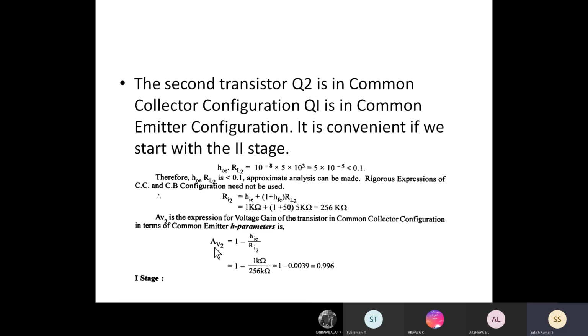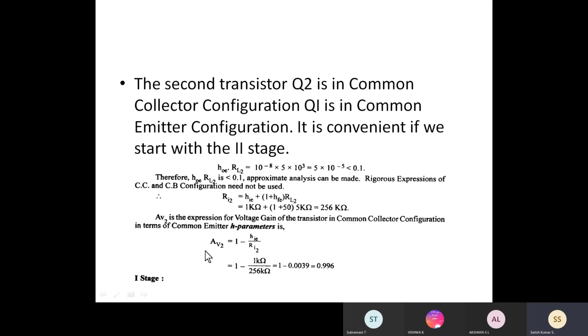So another way to calculate the voltage gain is 1 minus internal impedance Hi divided by internal resistance Ri2 of the second transistor. We don't know Ri2, so we calculate it first. Ri2 we obtained as 256. Once we have calculated Ri2, we simply substitute and get the voltage gain of the second transistor.